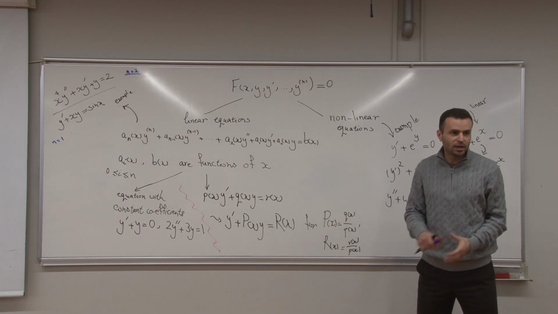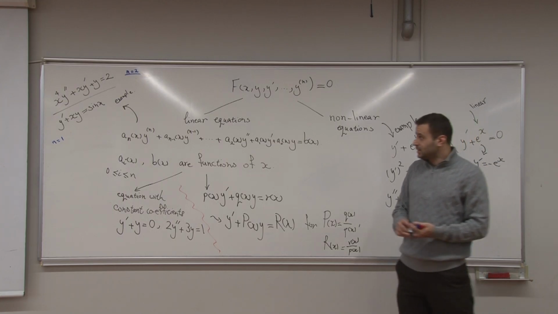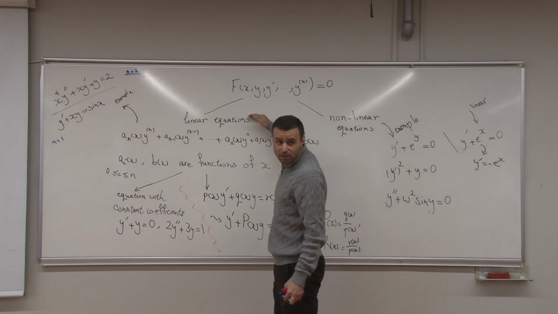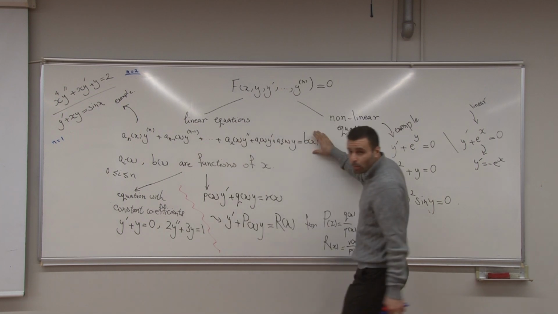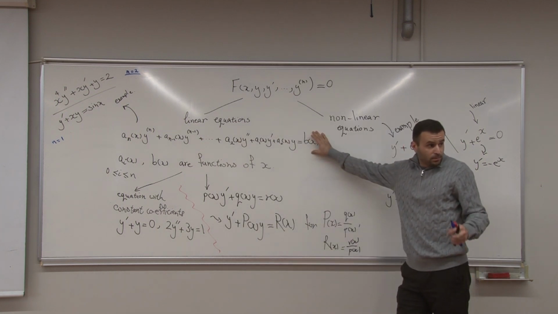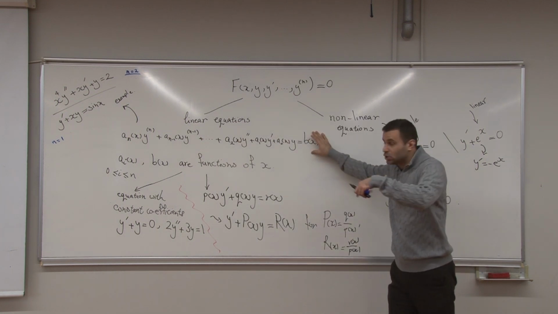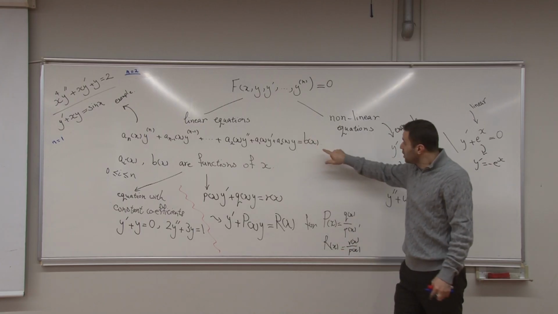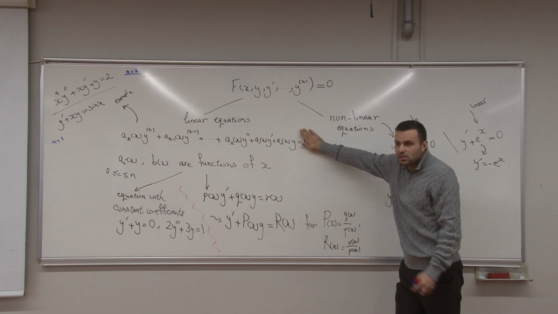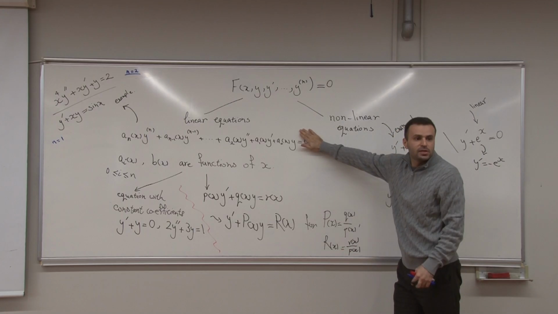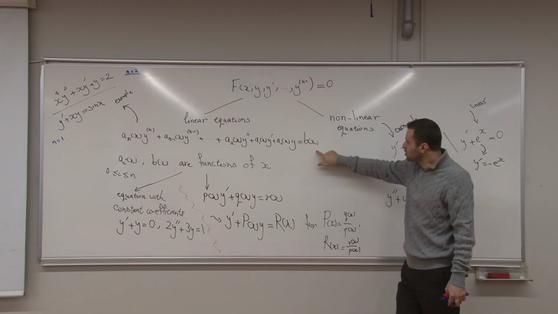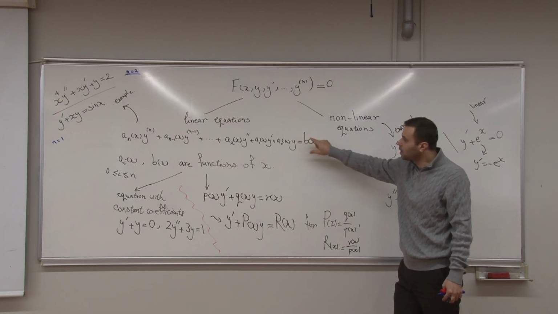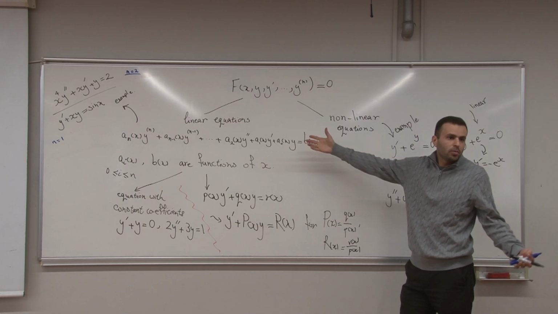When we say that a linear equation is homogeneous, we mean that the right hand side is equal to 0. If it is not equal to 0, then we call this linear equation a non-homogeneous one.